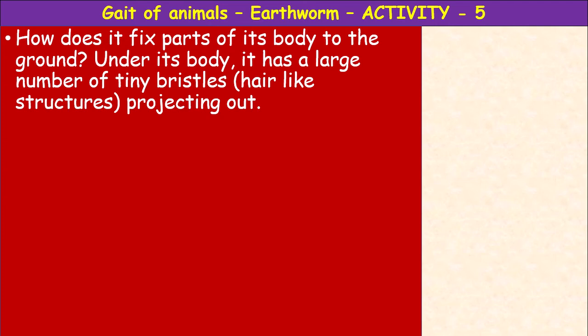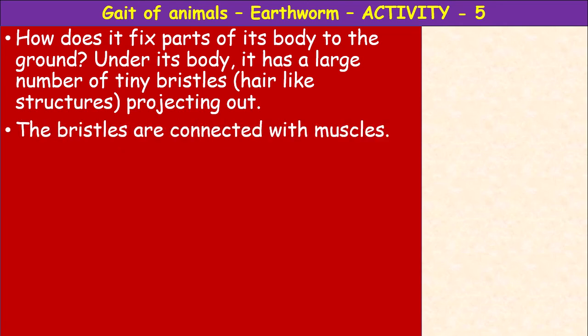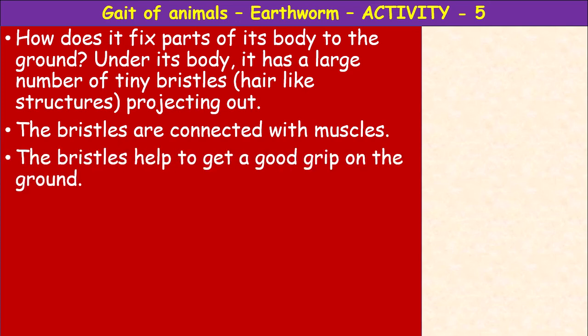Actually they are called setae. That you will learn in the higher class. So here you remember as hair-like structures projecting out. The bristles are connected with the muscles. The bristles help to get a good grip on the ground.